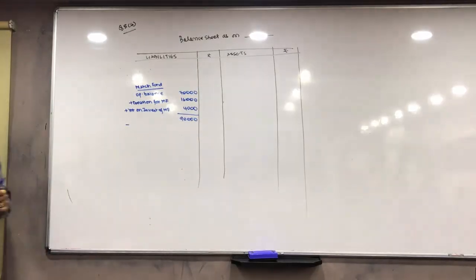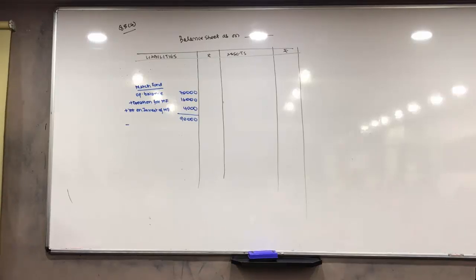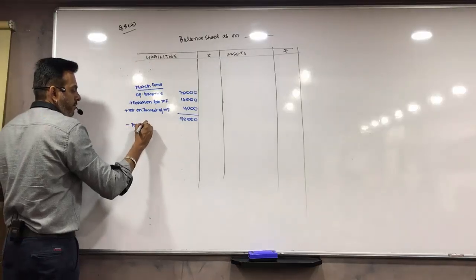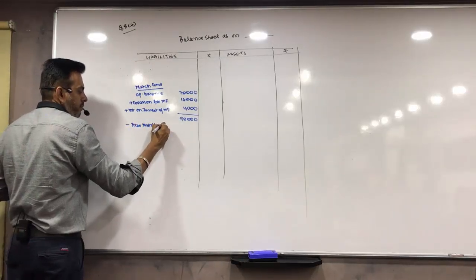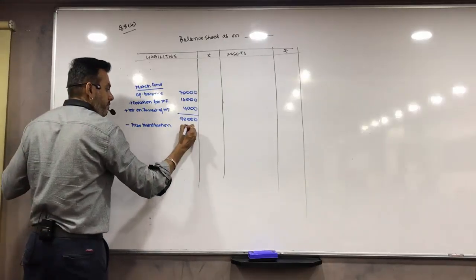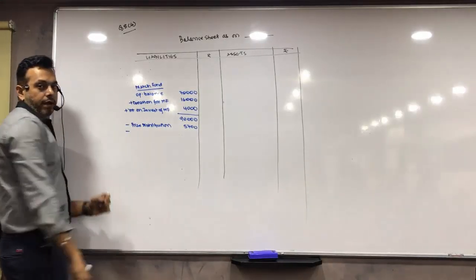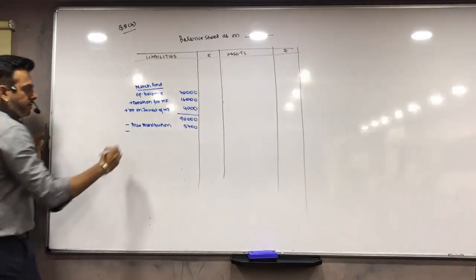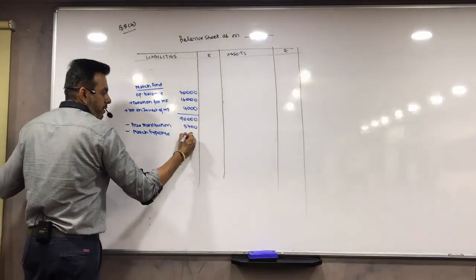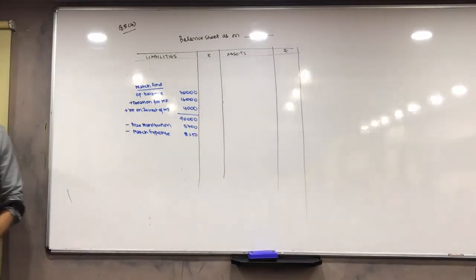Minus. Now all the expenses we will deduct from the fund. Is everyone understanding? Okay. Now we start with prize distribution to match winners. Look, prize distributed 5,700, minus match expense 8,250.